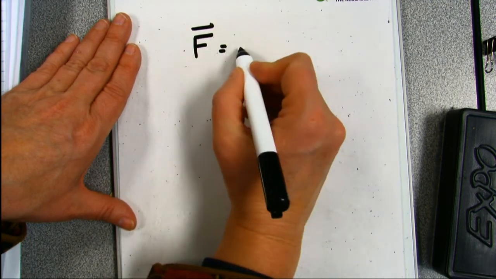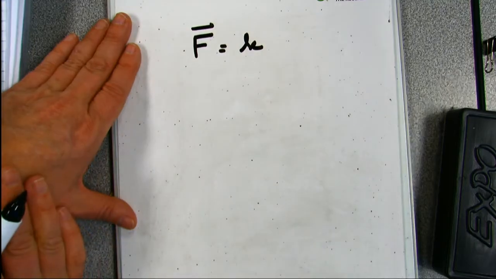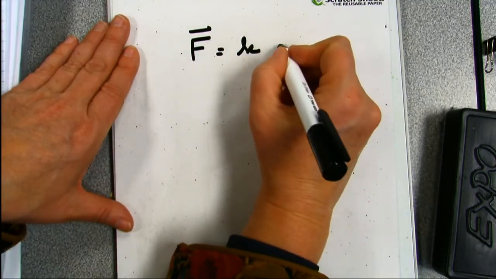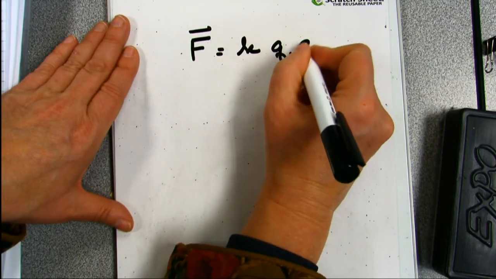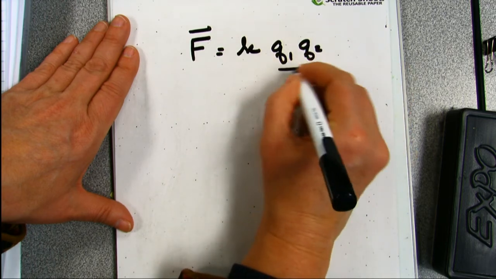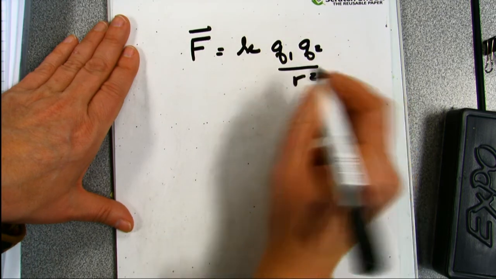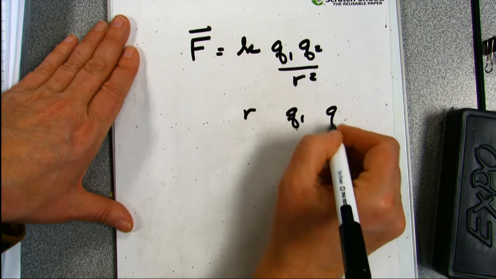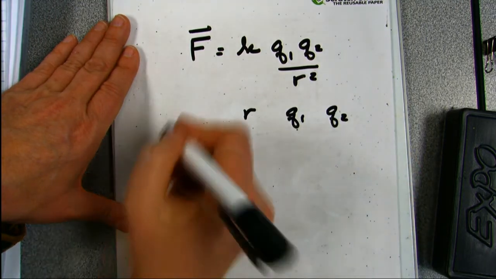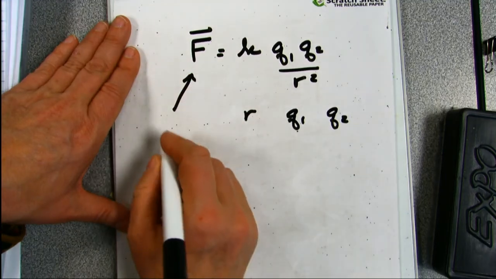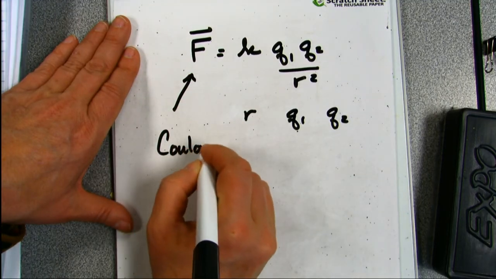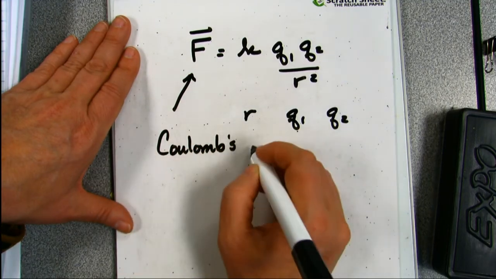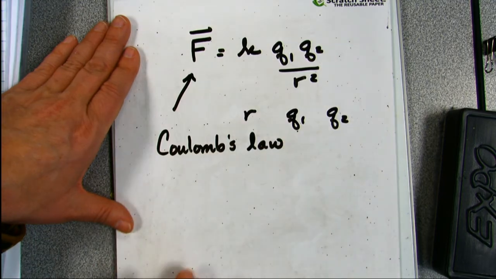Force is equal to a constant, Q1, Q2, divided by R squared, where R is the distance between Q1 and Q2. This is Coulomb's law.